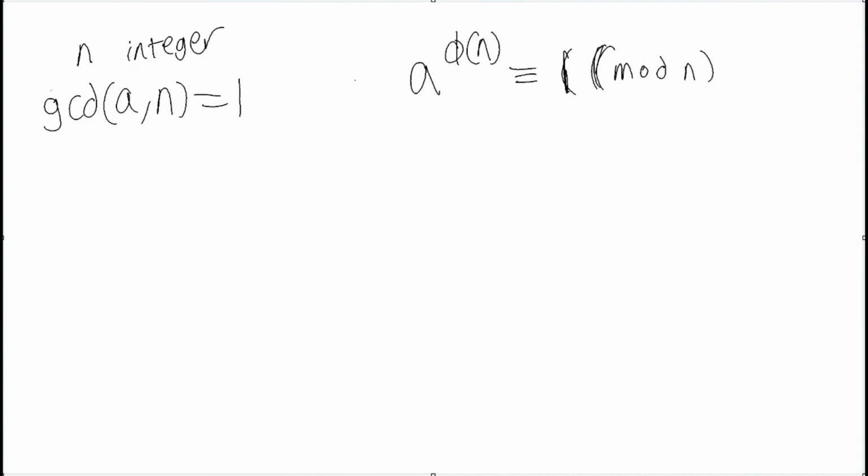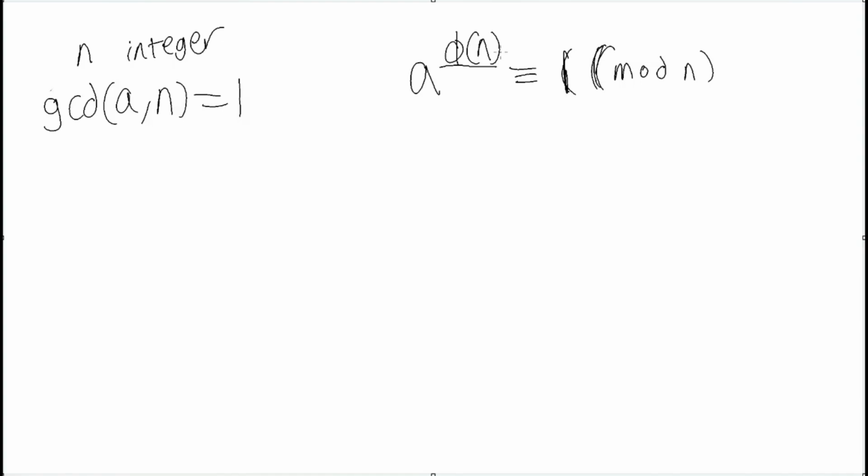But this may come across as surprising, because no matter what, we're always going to get back to where we started if we keep multiplying by a. So I could do a times a times a times a, and so on and so forth, and we're just going to get back to where we started. And we know that phi of n will get us back there.